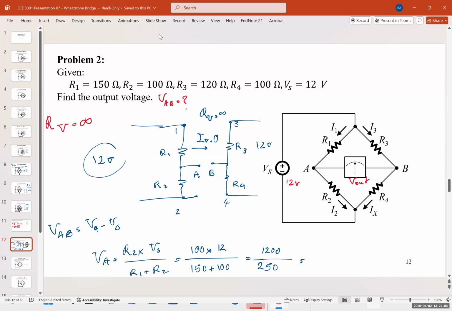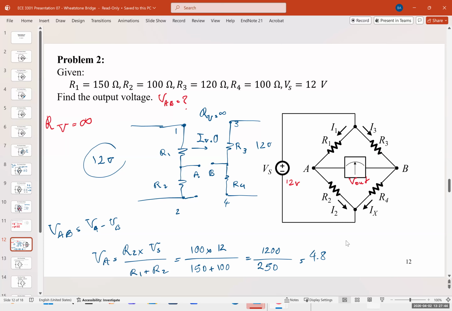Just give me 1 second to double check. Yes, 4.8.